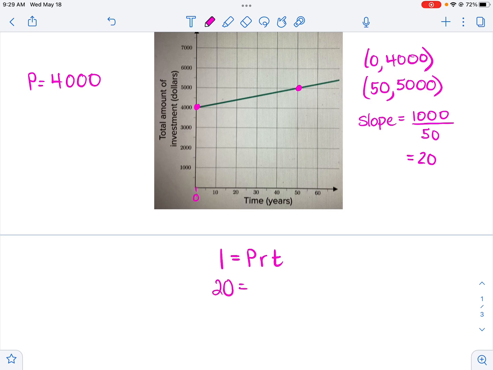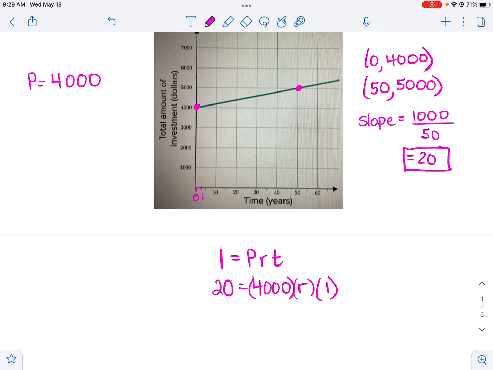My initial investment was $4,000. I don't know my rate. And I guess I would put 1 for time because to get my slope, so my slope is $20. So now I know that after 1 year, I've earned $20. Yeah, so that was my interest earned, $20 in 1 year, and I invested 4,000.